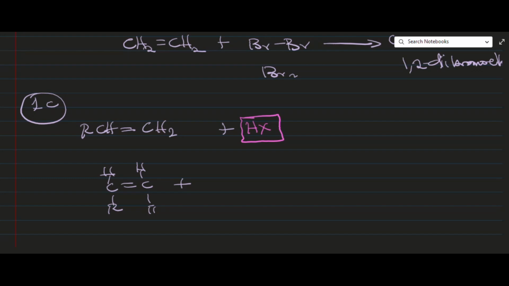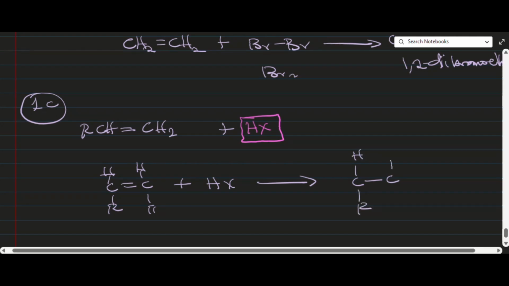So let us have our HX. When we want to add across the double bond, it's going to be C, the existing hydrogen, the existing alkyl group, the existing hydrogen, the existing hydrogen.